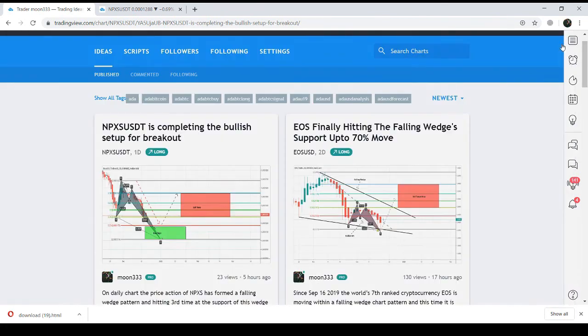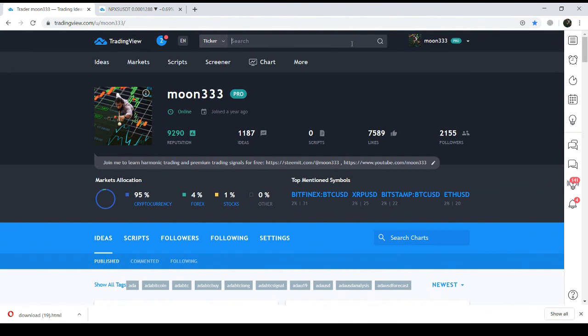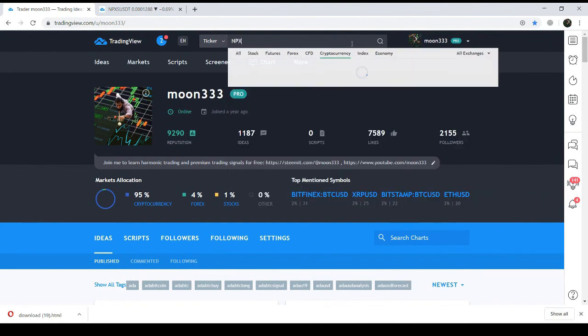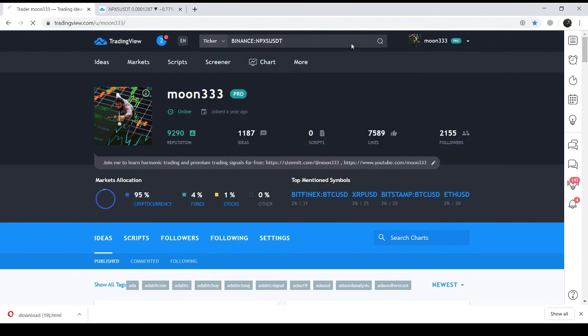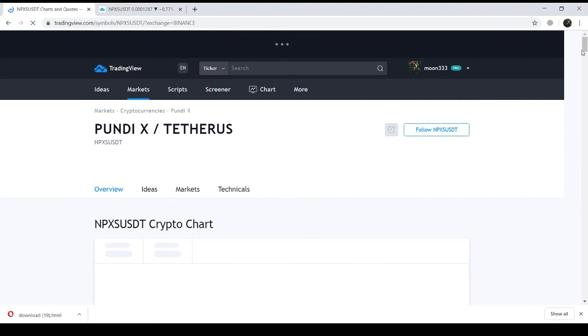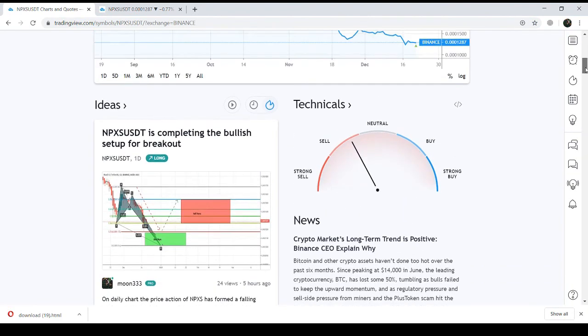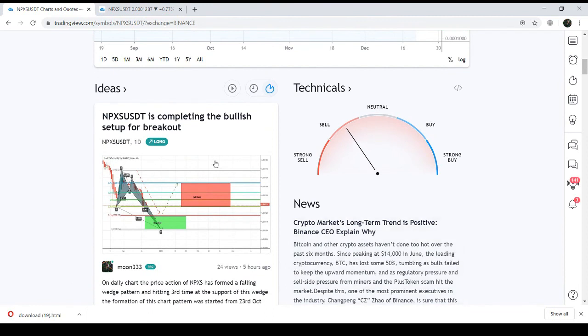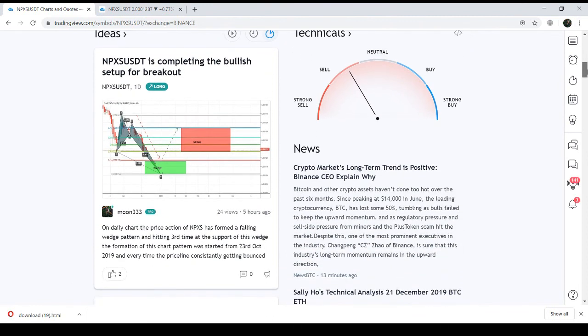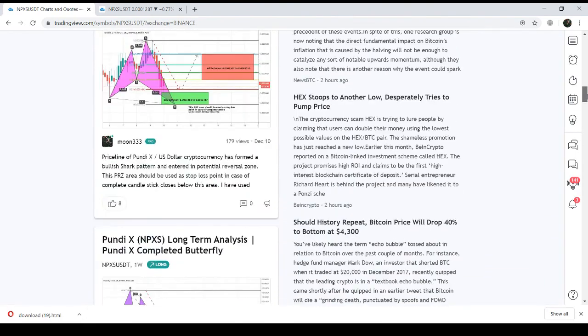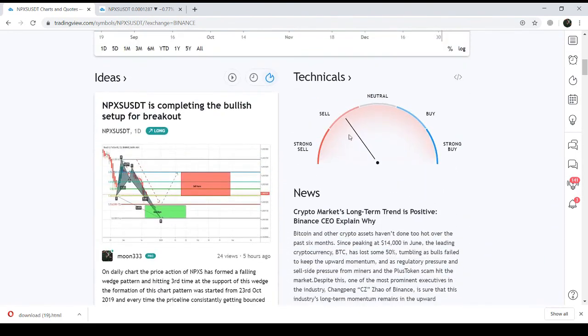And you can also find my Pundi X chart, NPXS USD, or NPXS US dollar, here in the most popular charts on the Tradingview. You can see this is one of the #1 chart of most popular Pundi X charts on the Tradingview, and you can also follow this chart from here.